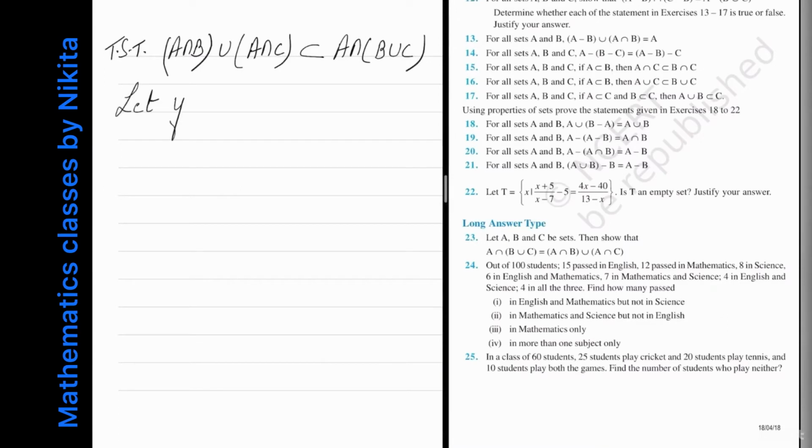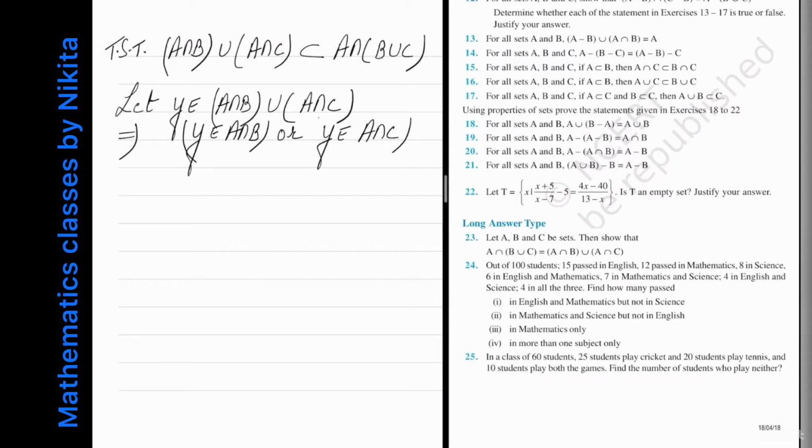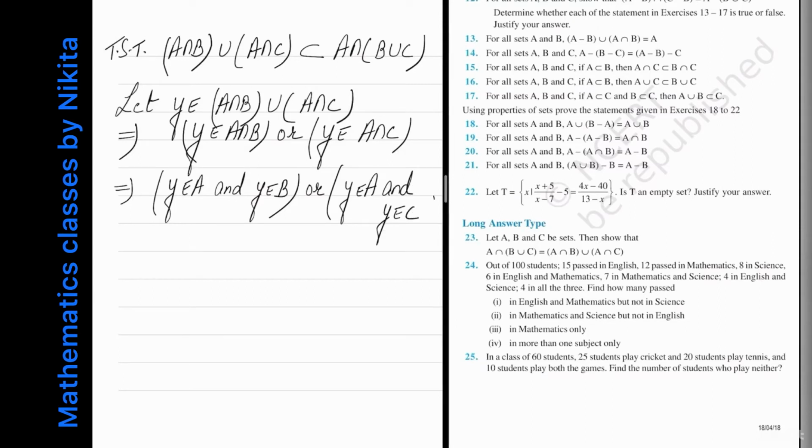Let y belong to A intersection B union with A intersection C. Now from here you get that y belongs to A intersection B or y belongs to A intersection C, and this implies that y belongs to A and y belongs to B in a bracket, then or y belongs to A and y belongs to C.